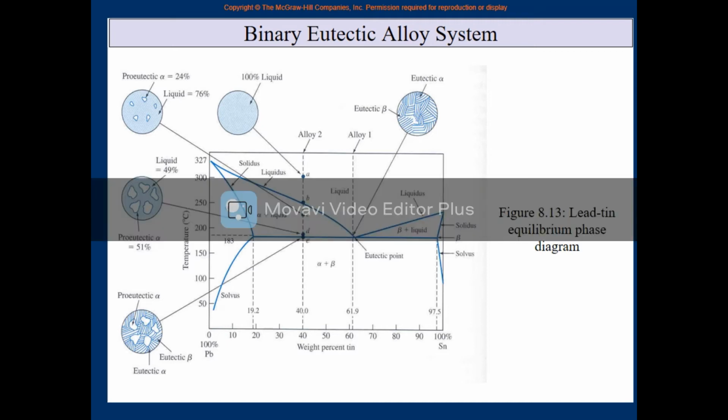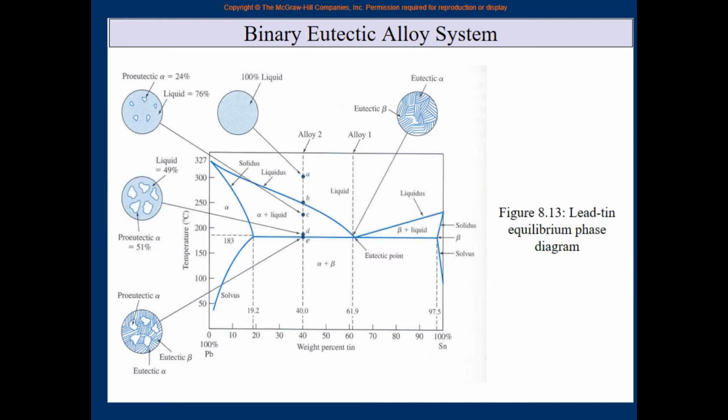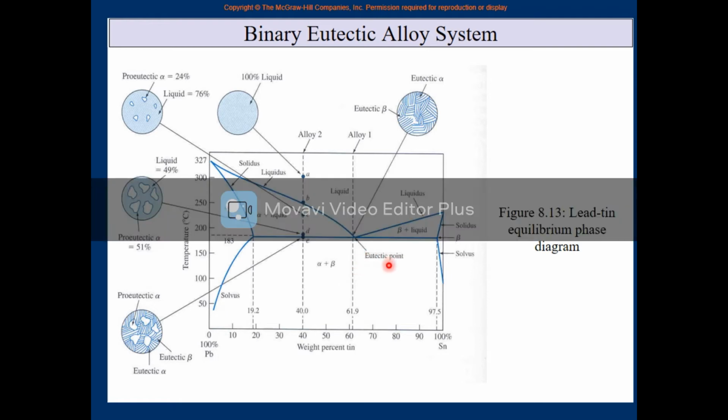The liquid will suddenly change into two solids, alpha and beta. There will be no normal change where the liquid first changes into liquid and solid. This very special point, where the liquid directly changes into two solids, is known as a eutectic point, and this reaction is called a eutectic reaction.